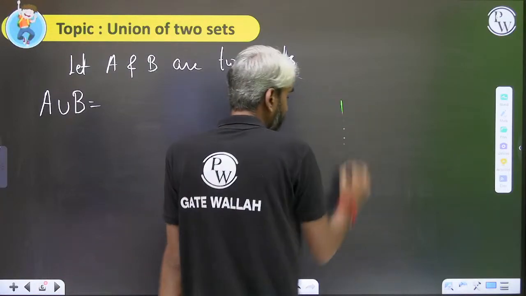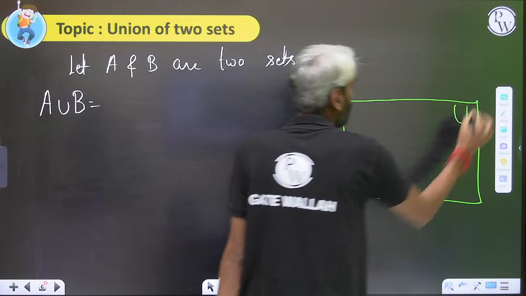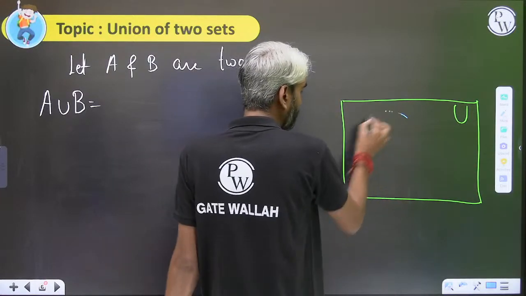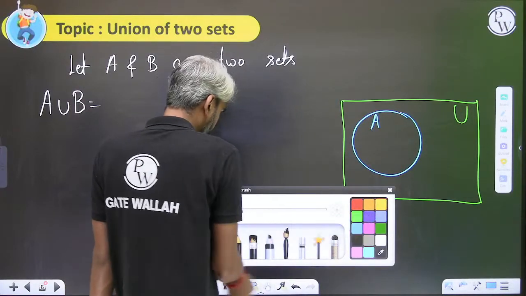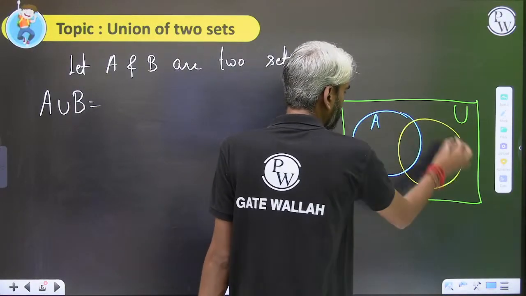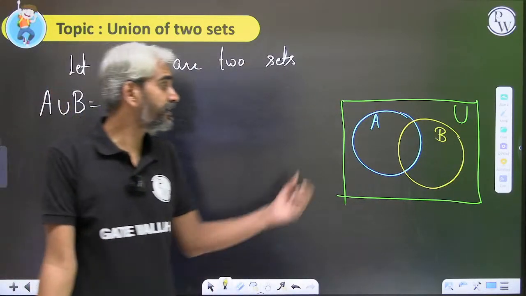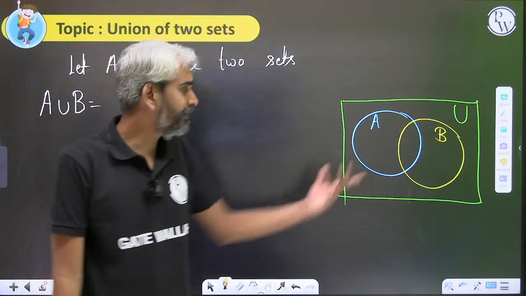Let's assume that this is your universal set and we have two subsets of this universal set. One is set A, this is your set A. Another is set B. There may be some intersecting portion in set A and set B. So it's not necessary that all the elements of set A and set B will be distinct. There may be the same elements in set A and in set B.